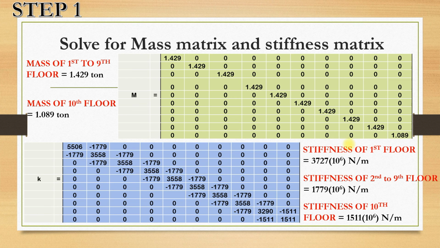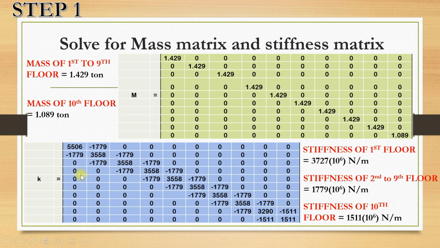For the stiffness matrix, given these values, we can formulate the stiffness matrix. Given the stiffness of the first floor, we have 3,729 million Newton over meter, and ang stiffness ng second to 9th floor ay 1,779 million. So dito, pag i-plug in natin siya gamit ang formula, i-add natin yung dalawang magkasunod na floor ng stiffness ng floor.